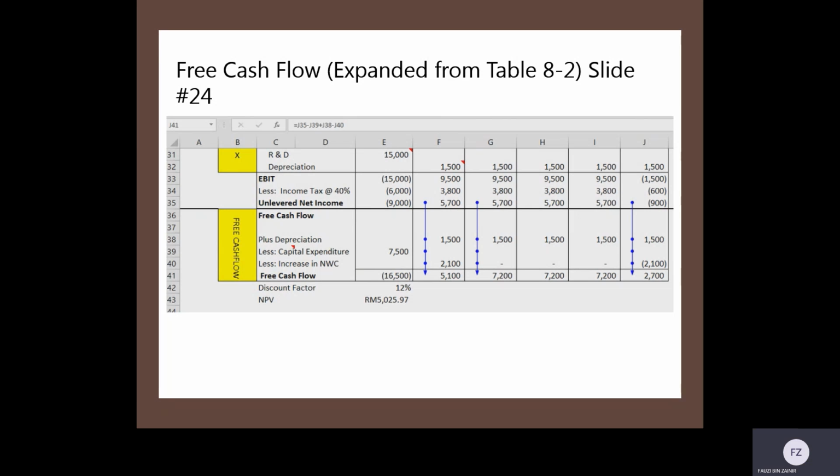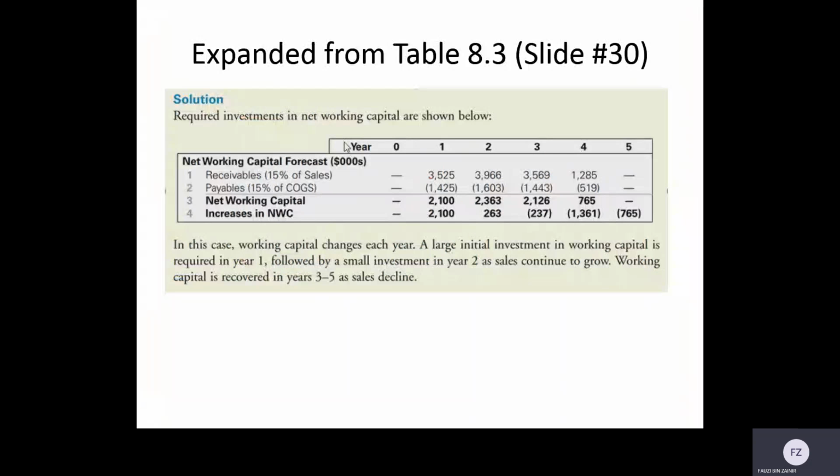If you were to expand from table 8.3, which is slide number 30, and derive the net working capital, we can see that in that scenario the sales and the cost of goods sold change to reflect the realistic situation in terms of actual sales.